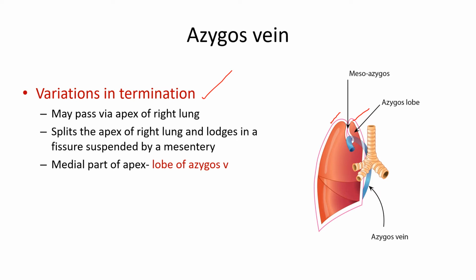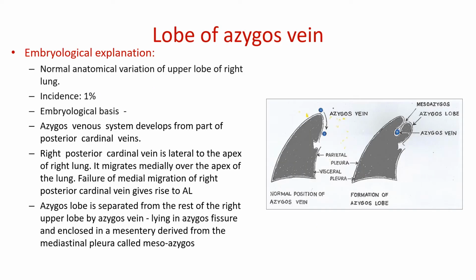And the vein is lodged in a fissure and is suspended by a mesentery of pleura. The medial part of the apex will be called the lobe of the Azygos vein. This is called the lobe of the Azygos vein. That is the variation that is possible in the termination of the Azygos vein.